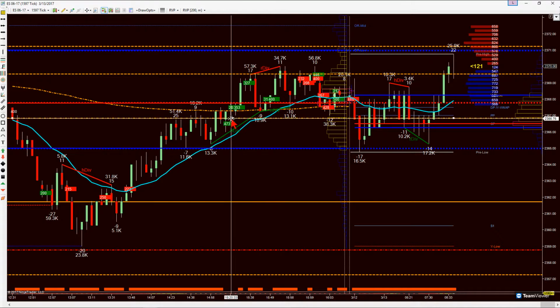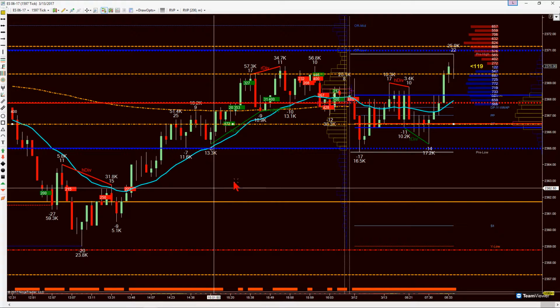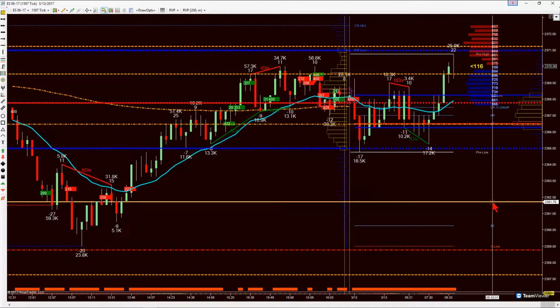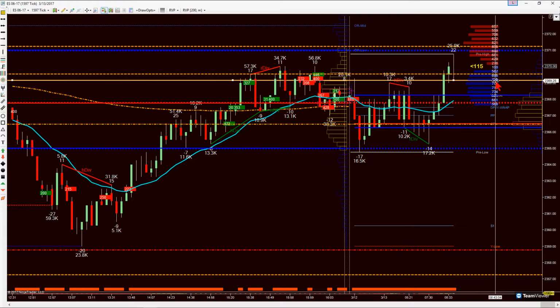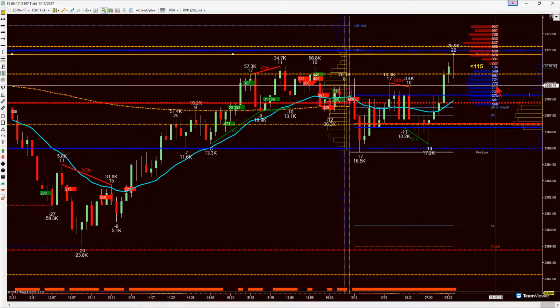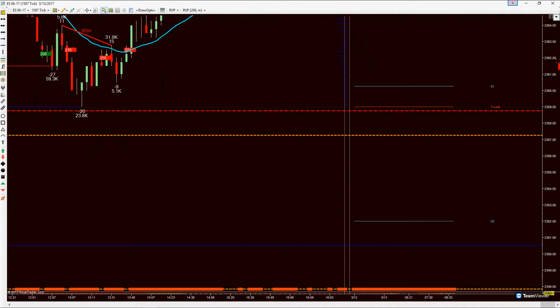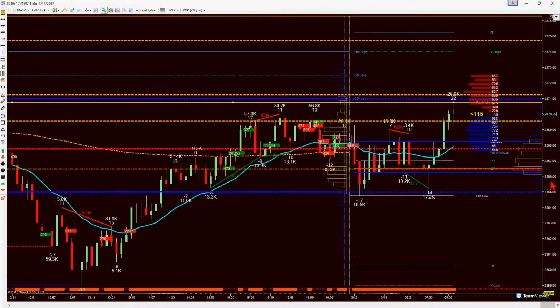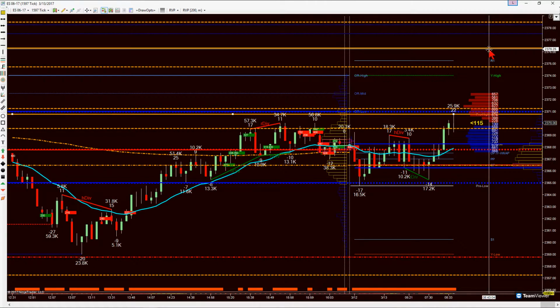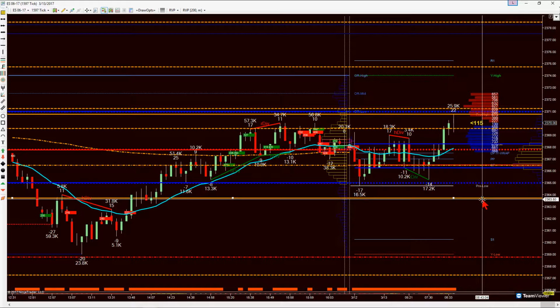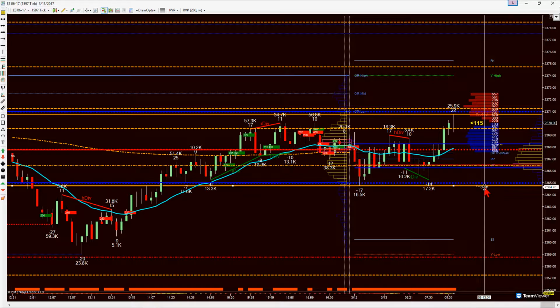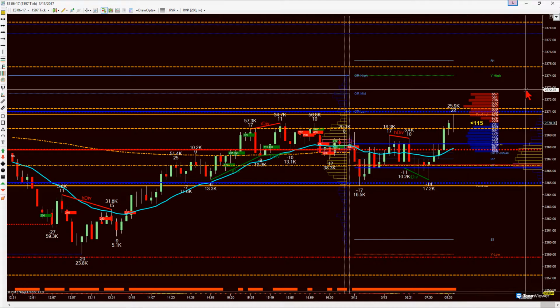Okay. Overnight VPOC. Overnight high. And overnight low.